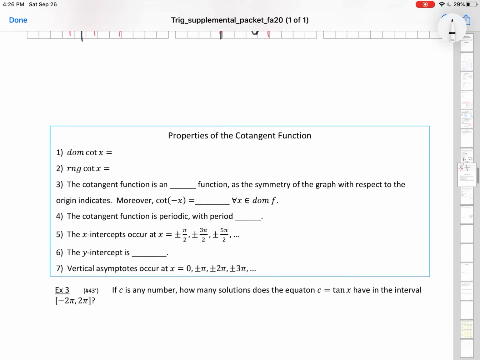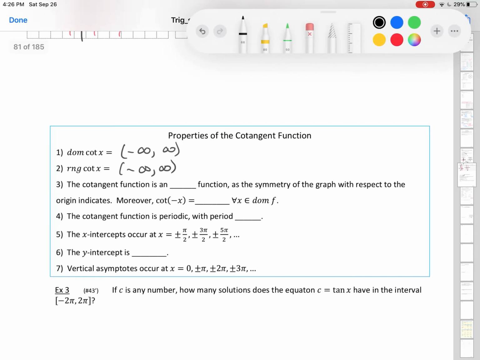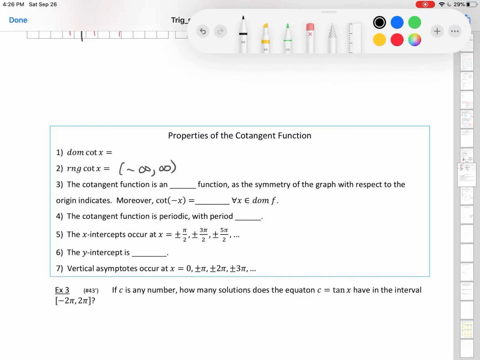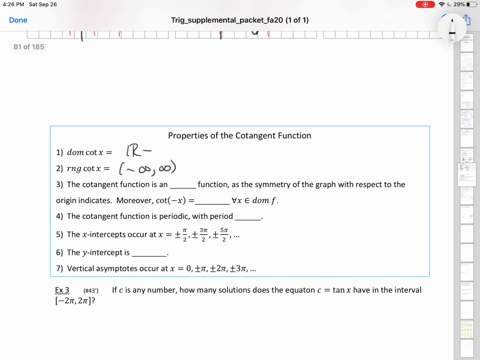So properties of the cotangent function, its domain is -infinity to infinity. Its range is also -infinity to infinity. You know what? I made a mistake. Its domain's not that. Its domain is all reals, with the exception of taking out n pi, where n is an integer.